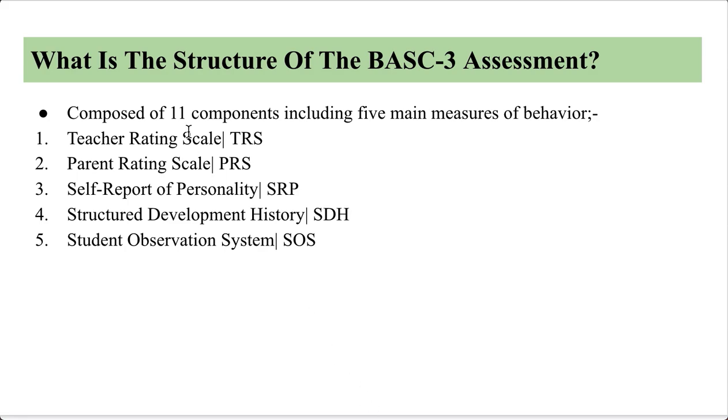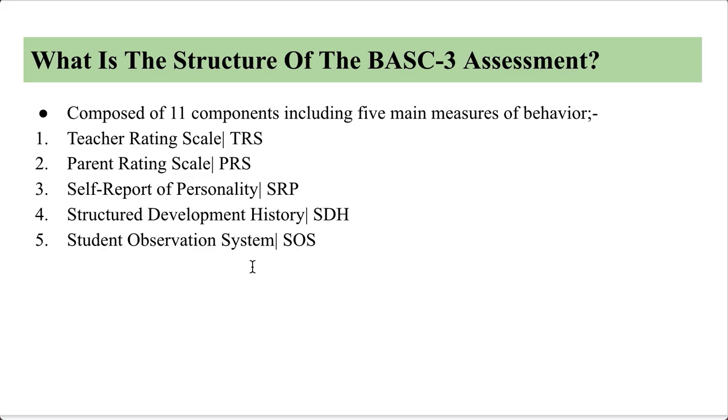So the areas that we're looking at are the teacher rating scales, the parent rating scales, the self-report of personality, the structured developmental history, and the student observation system. For the teacher rating scales, this is a comprehensive measure of both adaptive and maladaptive behavior that a child exhibits in school and in the caregiving setting.